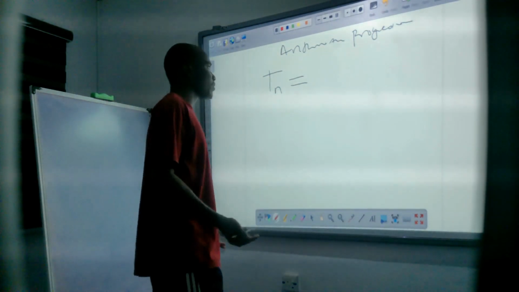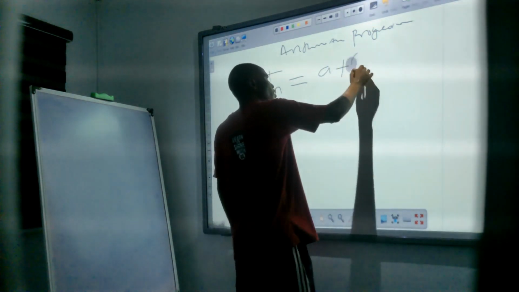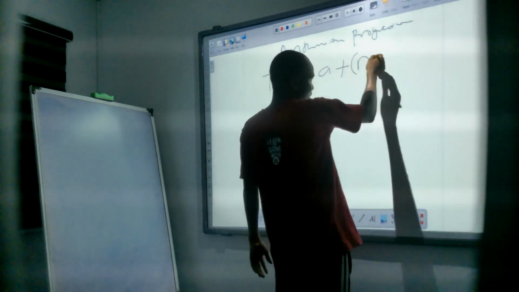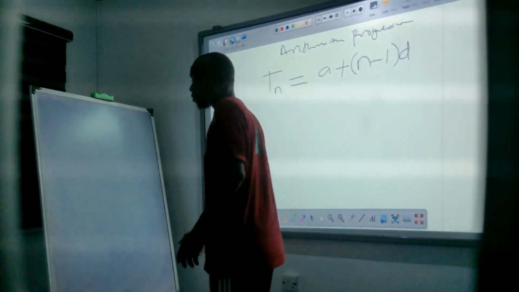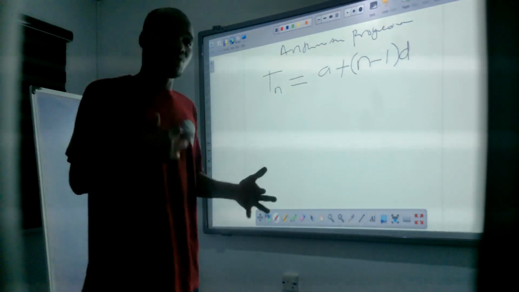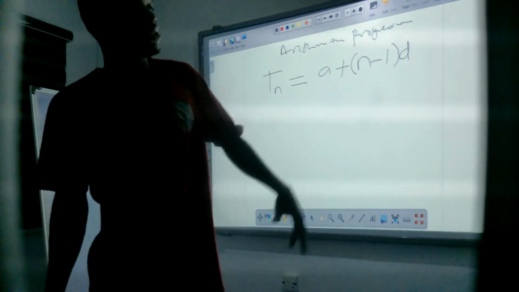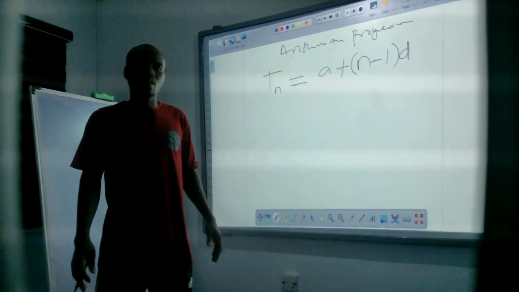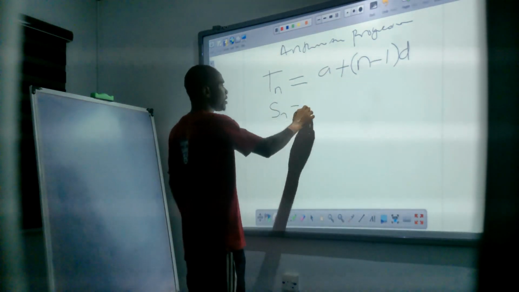If n means any particular term you want to look for, the formula is simply first term plus open bracket n minus 1 close bracket multiplied by the common difference. The common difference is the constant number we are adding or subtracting. If it's positive, you are adding; if it's negative, you are subtracting. You get the subsequent term by that constant number. So this is the nth term.